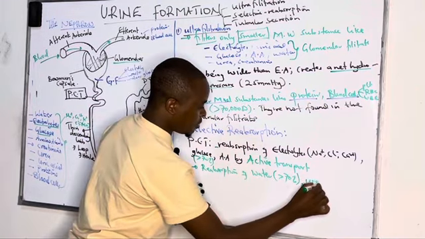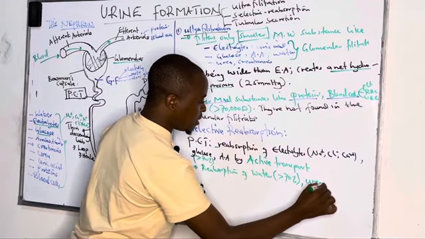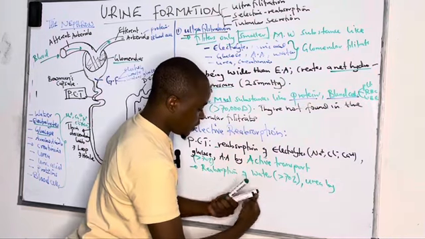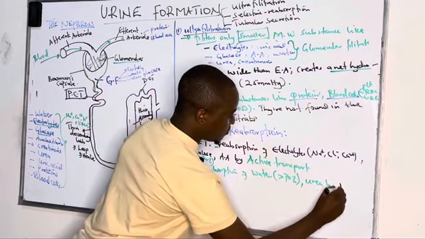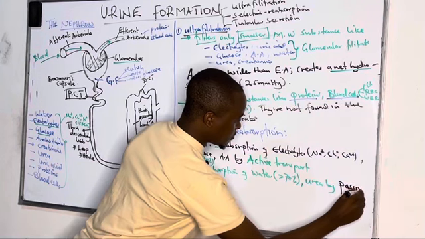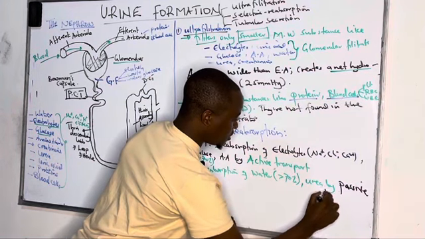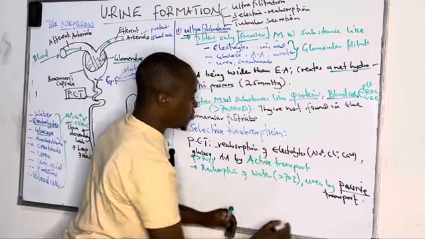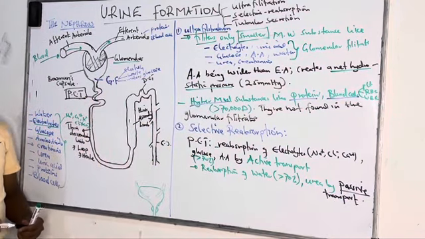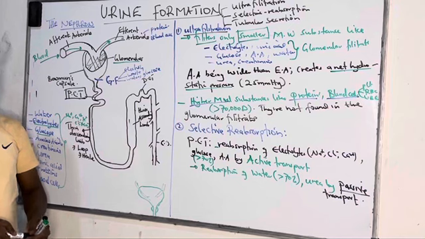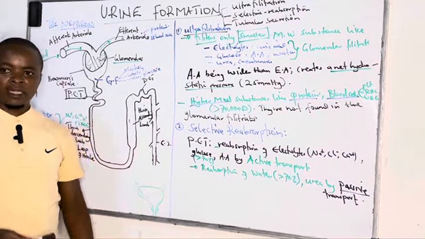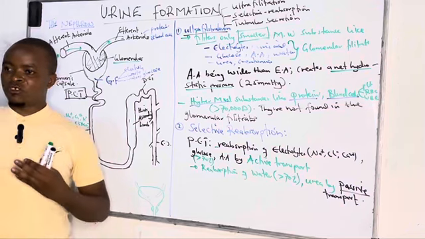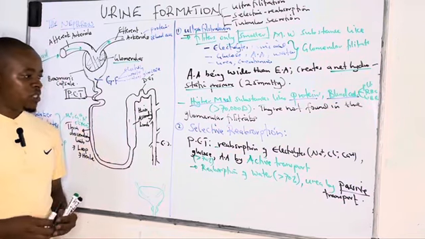Water and urea are reabsorbed by passive transport. Passive transport is the one that enables reabsorption of water and urea. Or sometimes for water you can say by osmosis, but it is passive transport. Passive means it does not require energy to be reabsorbed.